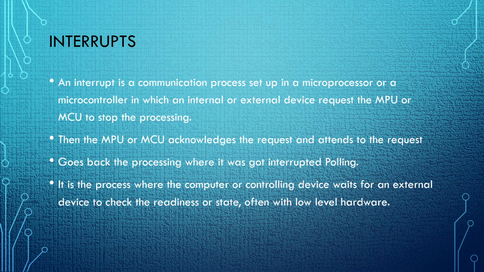Then the MPU or MCU acknowledges the request and attends to it. Then it goes back to processing where it was interrupted. Polling is a process where the computer or controlling device waits for the external device to check its readiness or state, often with low level hardware. These are the interrupts.